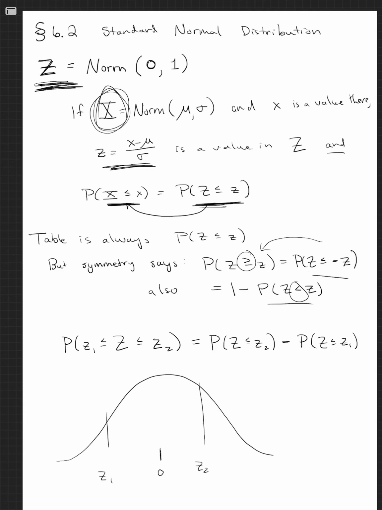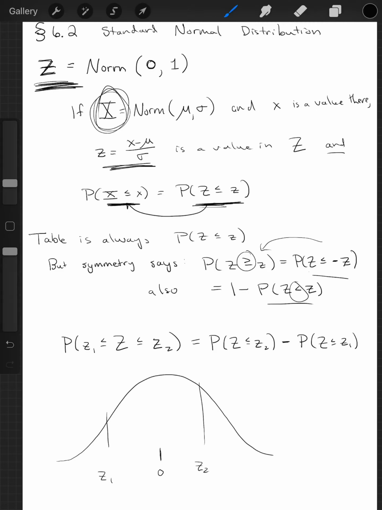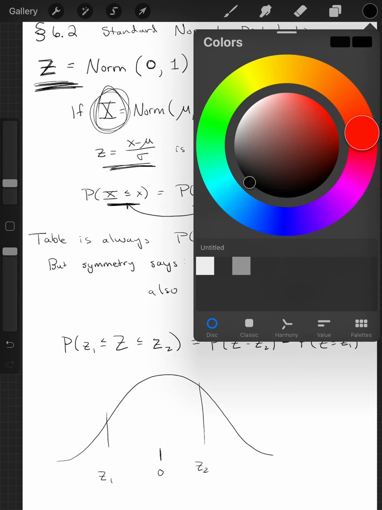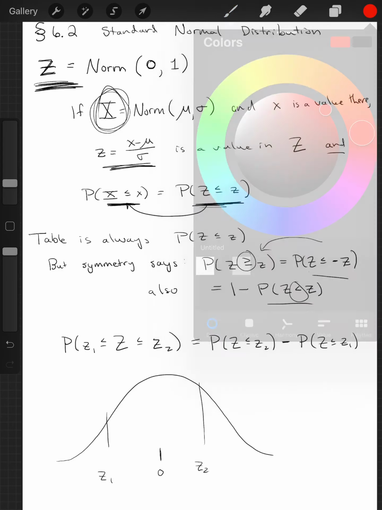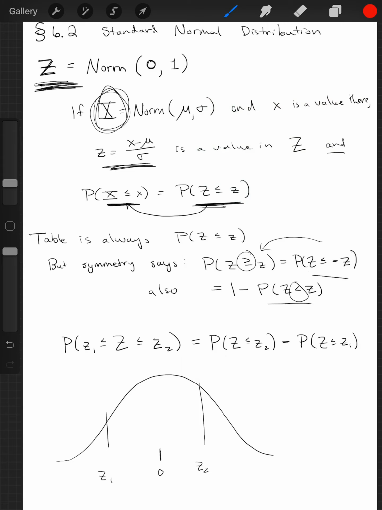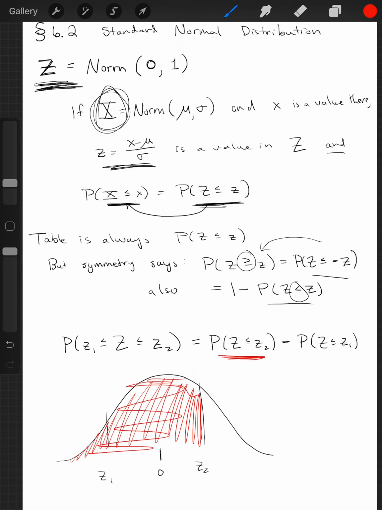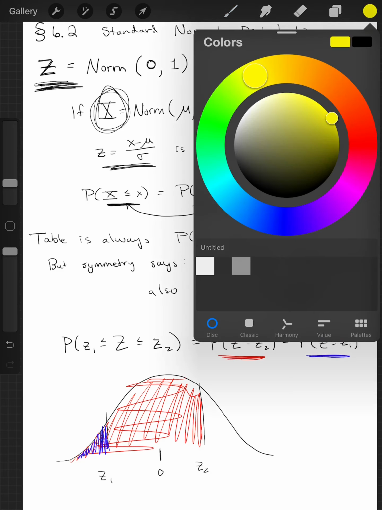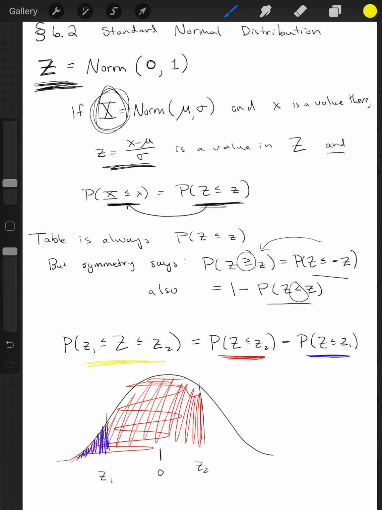So here's 0, maybe this is z1, and this is z2. Let me get some colors in here. This is going to be all of this stuff, it's going to be this area. This is going to be just this stuff.